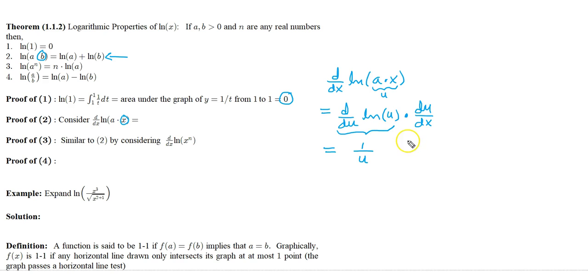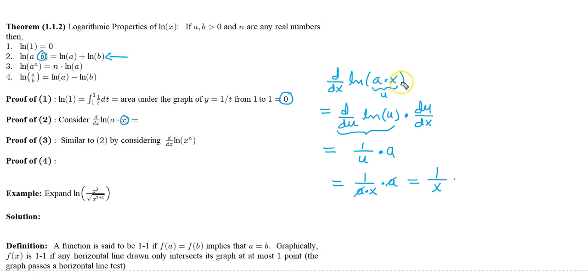That's how it was constructed. And what we have here is the derivative of a times x with respect to x. Remember, the u is equal to a times x. This is just going to be a right here. And you see, canceling these a's here, we get 1 over x.